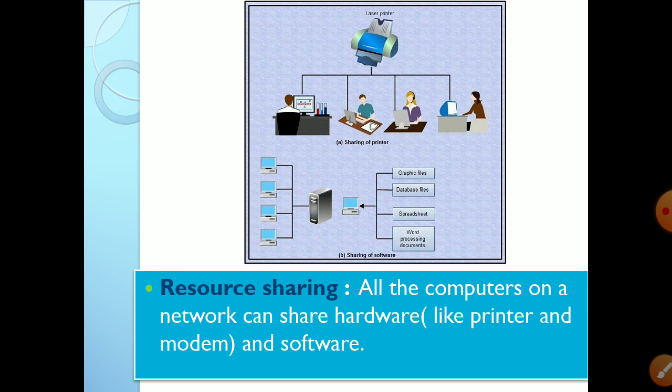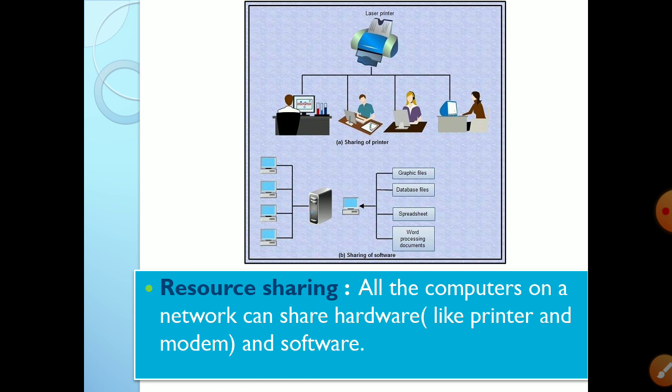All computers are connected to the server, and even the printer is connected to the server. If anyone gives a print from their PC, the printouts can be collected from the computer connected in the network. So everyone in the network can share the work, whether it is software or hardware.